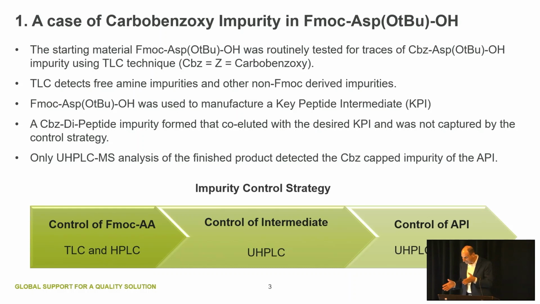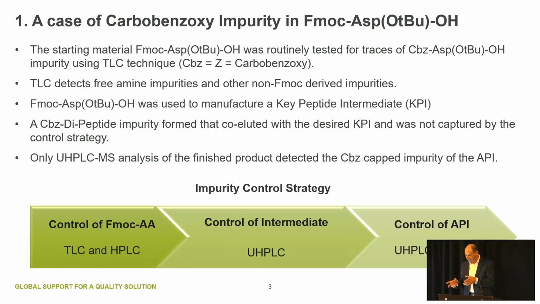I have a little diagram at the bottom of the slide: we had a control strategy for the Fmoc amino acid, we had one for the peptide intermediate, and of course, for our final API, we run UHPLC-MS, high-resolution MS.